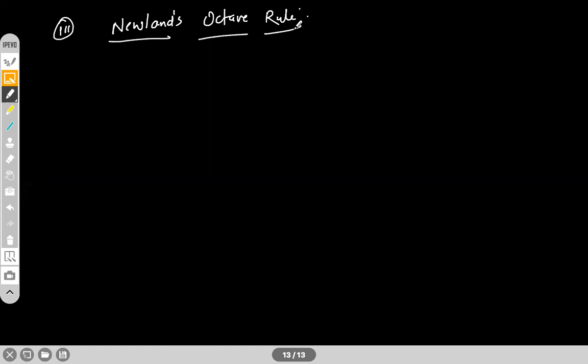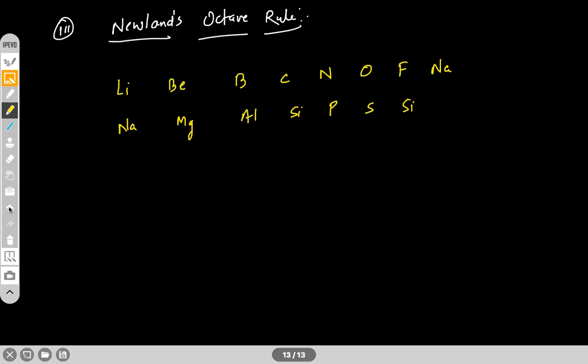For example, if I write down these elements: lithium, beryllium, boron, carbon, nitrogen, oxygen, fluorine, and sodium. Here also we write sodium, magnesium, aluminium, silicon, phosphorus, sulfur, chlorine, potassium. These elements are exactly the same as the musical notes. What are the musical notes?